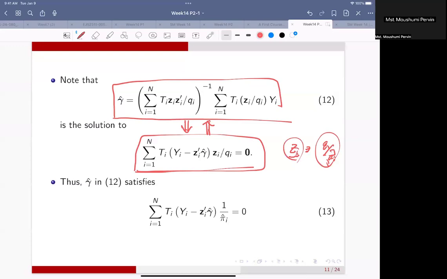This is a vector equation, right? So a system of equations. At least one component should have this one in it. So that means QI cancels, then you have this one. So that means you actually satisfy this, which means that what? Which means actually the bias correction term, equation 6, is equal to 0.